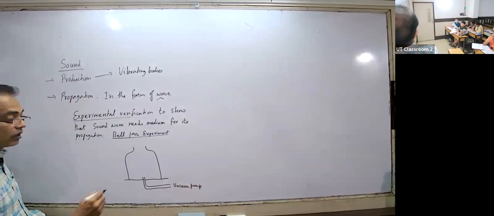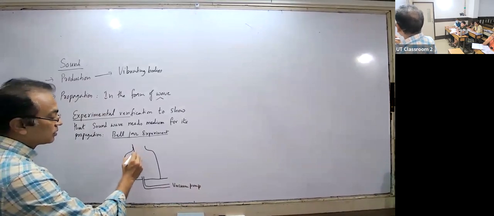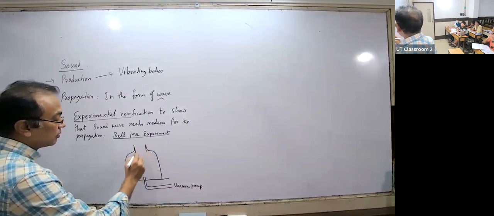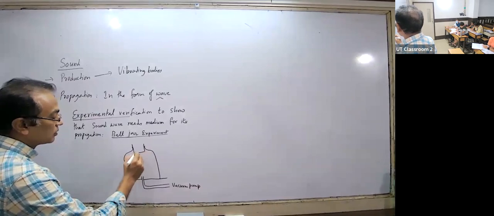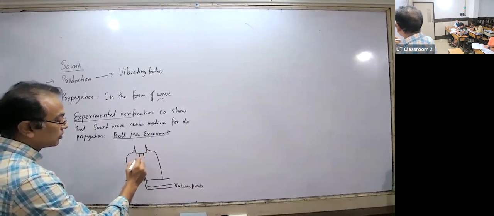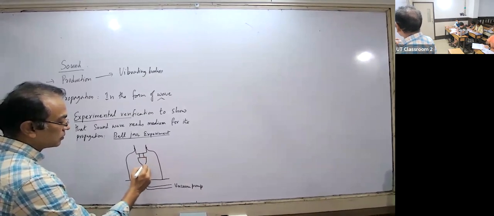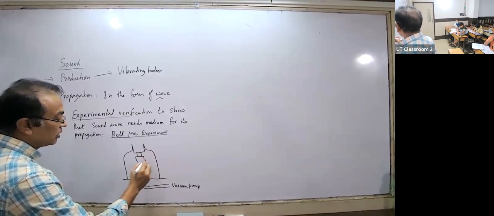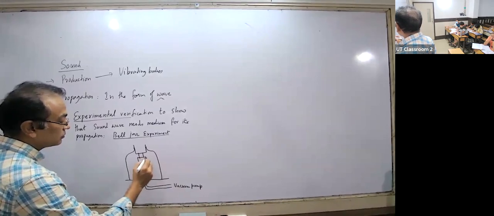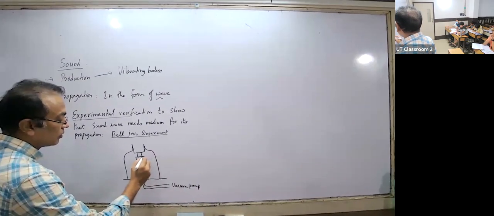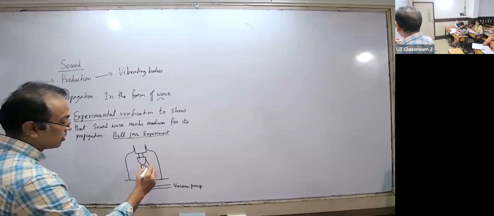Okay, and now a bell is hanged here, right? So it has a bell. So it has a hammer here.